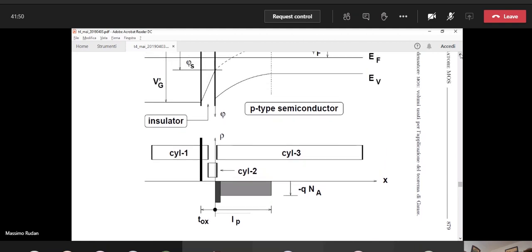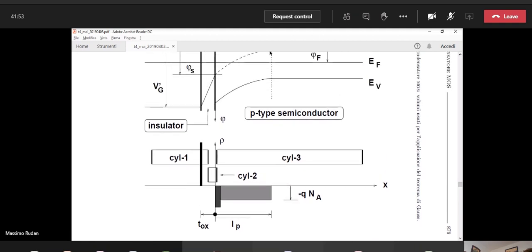In this condition, if you look at the vertical dashed line that separates the space charge region on the left from the neutral region on the right, okay, you have that from the surface to this vertical dashed line, essentially we have a uniform concentration of charge that is fixed and due to the dopants, exactly as we did on the p side of the p-n junction.